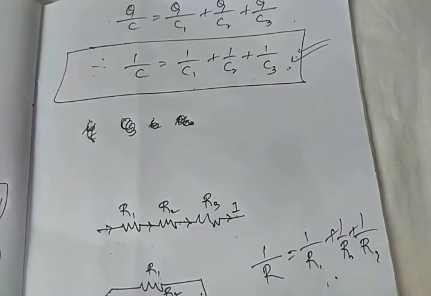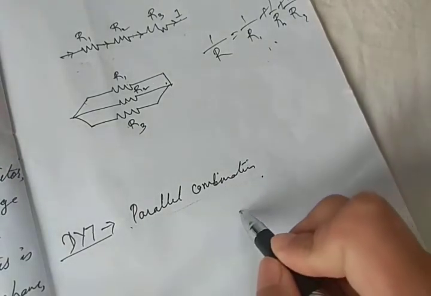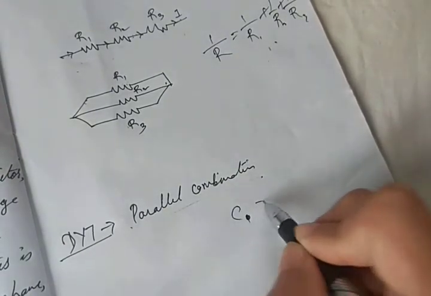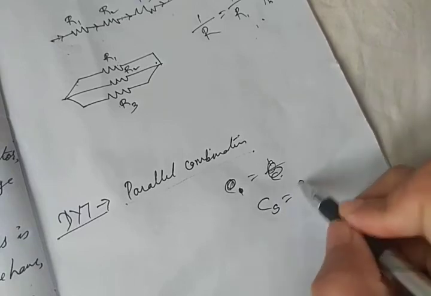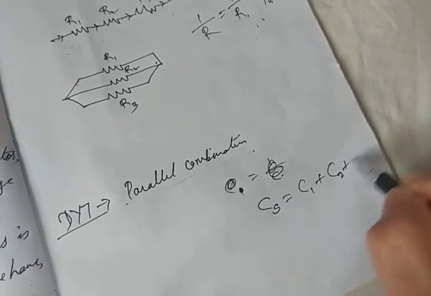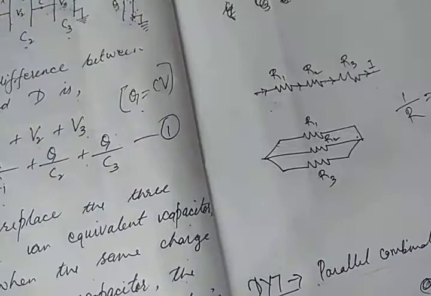Now, without mentioning, I think you understood that for the parallel combination of capacitors, the equation that you should be getting is C is C1 plus C2 plus C3. Let me write CS for series, the equivalent capacitance for series.